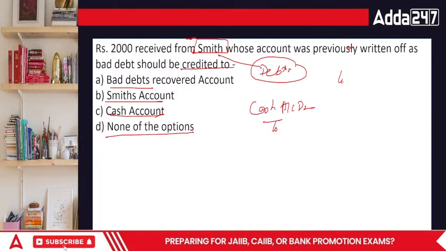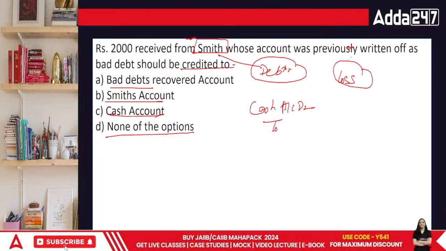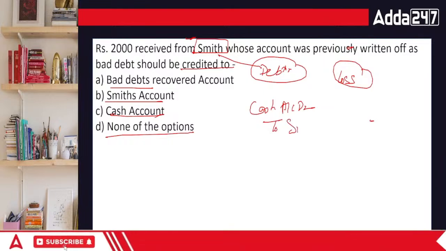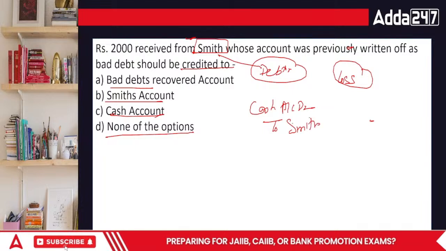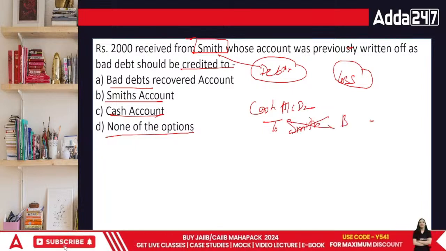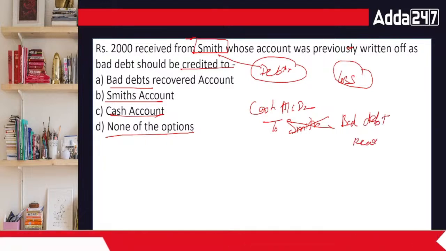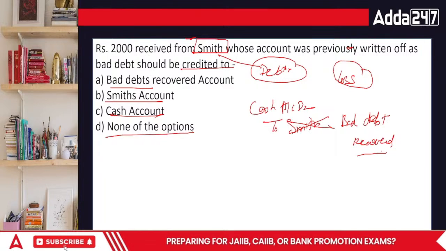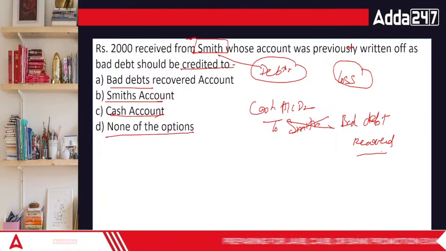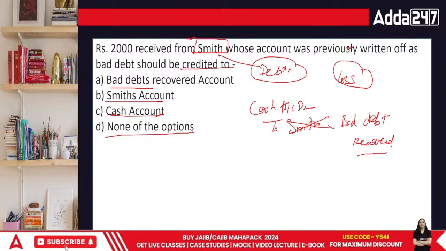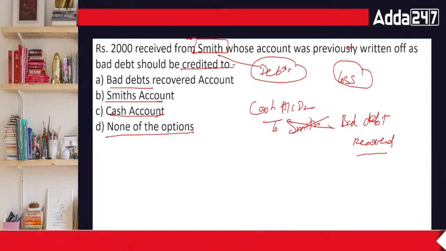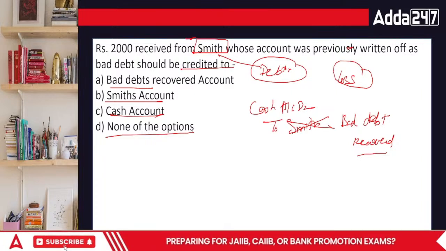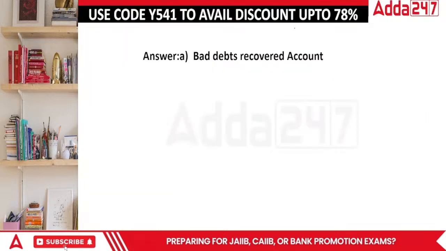As it was earlier claimed as an expense, loss there, and now since the money is again received back, this will be cash to Smith. But Smith's account is already gone. So this is bad debt recovered. So in this case, the correct answer would be bad debt recovered.